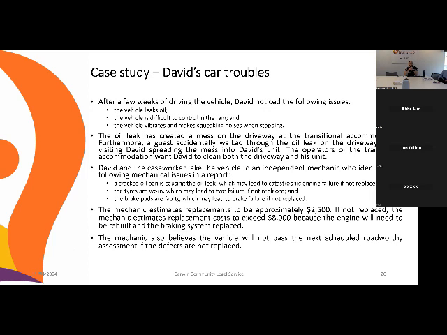The mechanic estimates replacements to be approximately $2,500, and if not replaced, the replacement costs for the new engine and the new braking system will likely exceed $8,000. So it's that stitch in time concept. You can pay that 2.5 grand, which is half the value of the vehicle, I might add, to repair it and make it roadworthy again and safe and working.